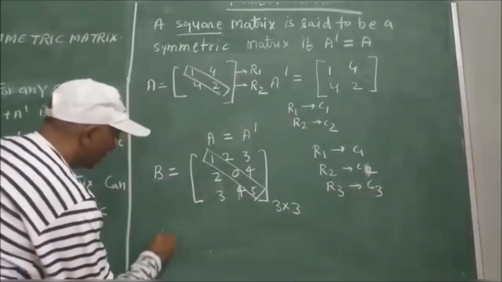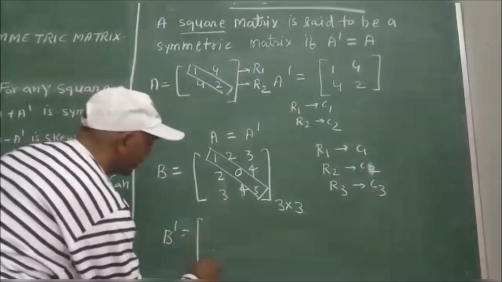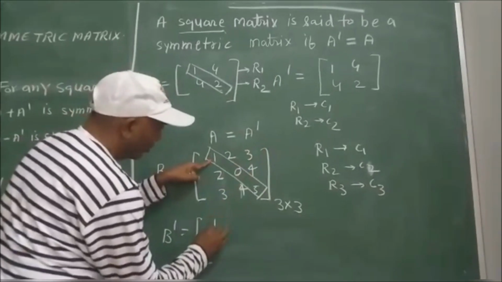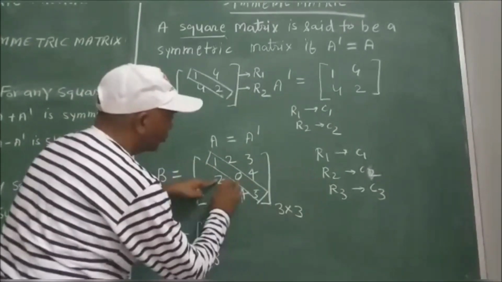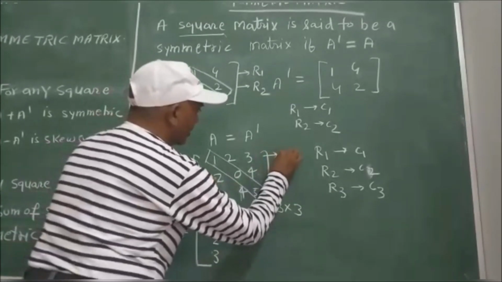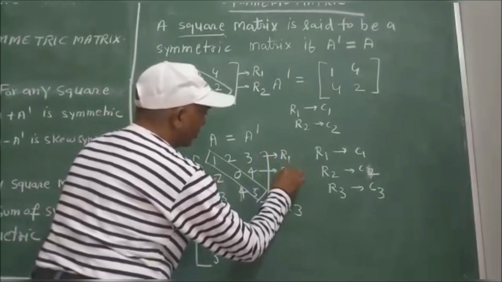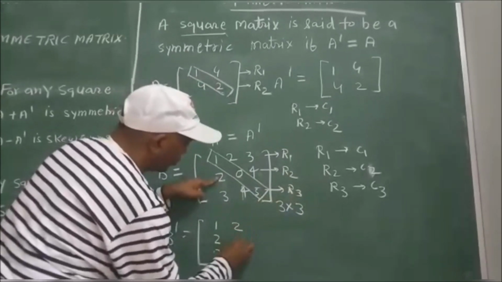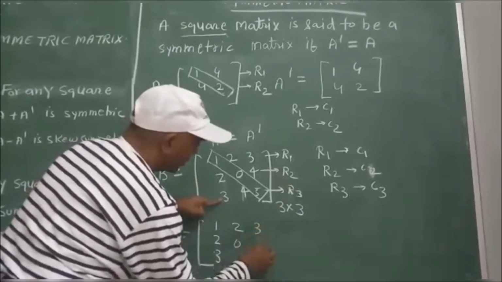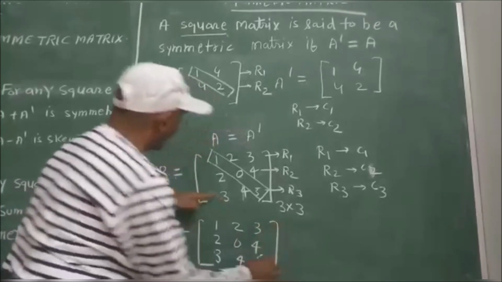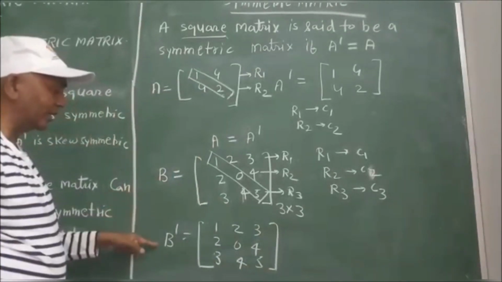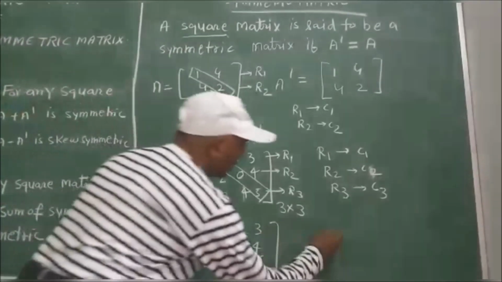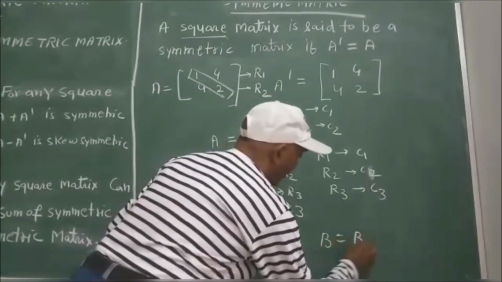What will you find? The transpose must be written as R1: 1, 2, 3, changed into C1; R2: 2, 0, 4; and R3: 3, 4, 5. So what is the difference between these two matrices? Check here. Both are the same. So B is equal to B transpose.